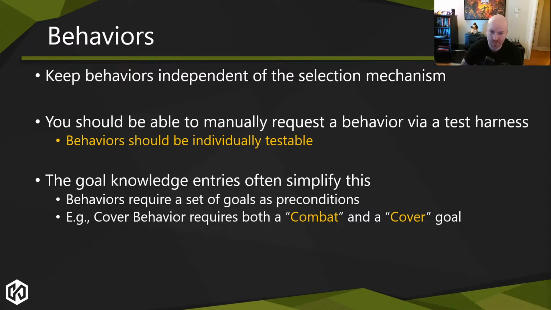So for example, you'll have a combat goal that gives you the enemies, a cover goal that gives you the covers. And based on that, you can test out a behavior by just setting the appropriate information in the goals and saying run behavior. You need to do a bunch of work to build a test harness that can handle a lot of this stuff, but there are some benefits in doing this.